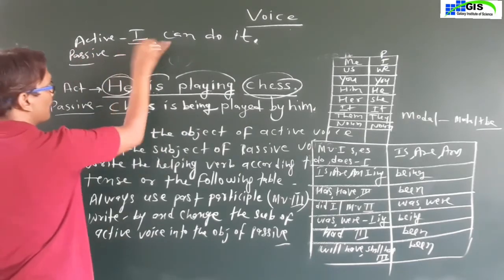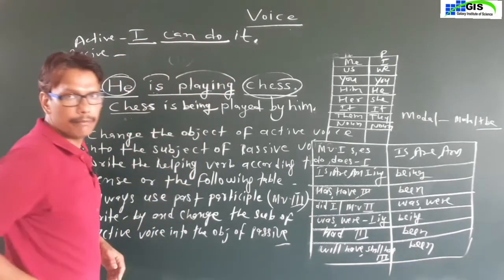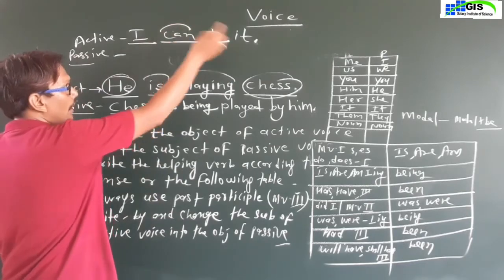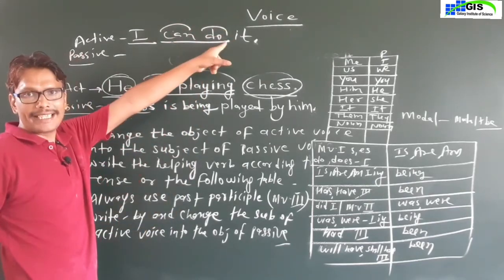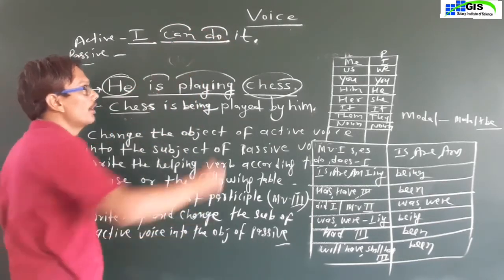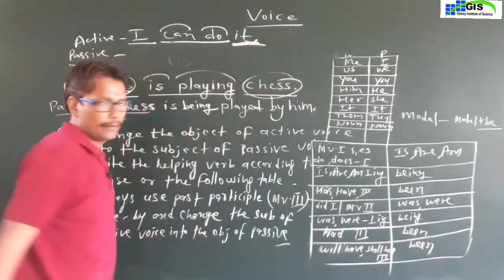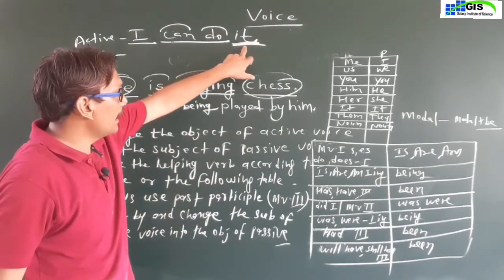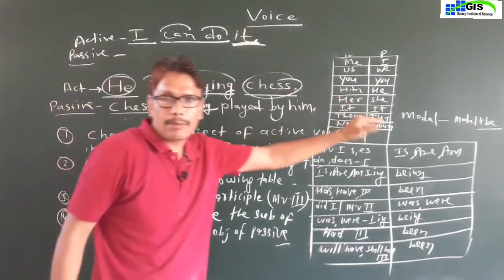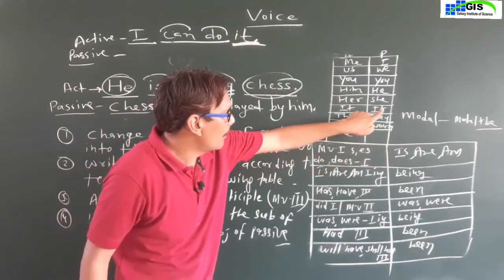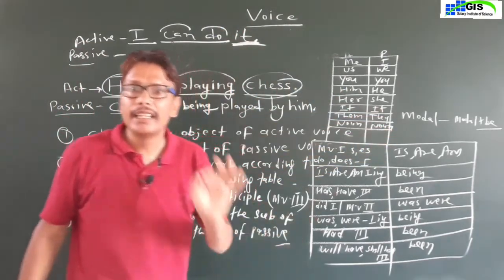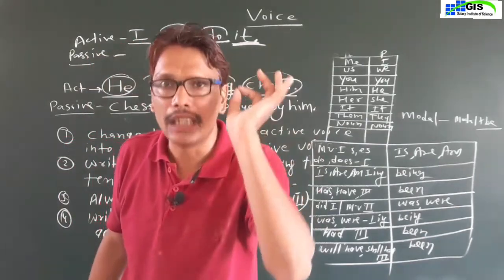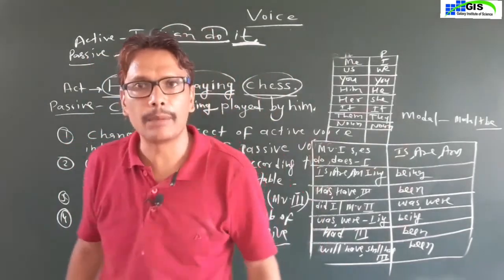Passive is subject, verb, means helping verb, means modal, and main verb. Do is the main verb here in this sentence and it is the object. So make it or change it into the subject. What is the subject of it? It represents the objective pronoun and subjective pronoun.